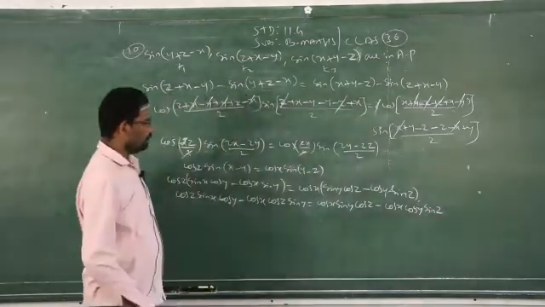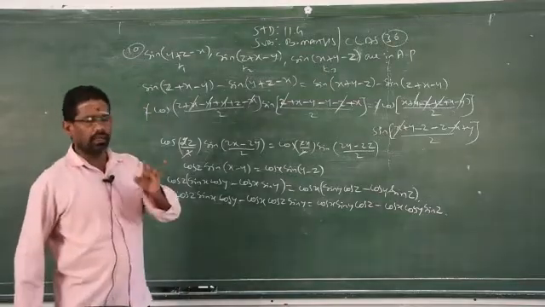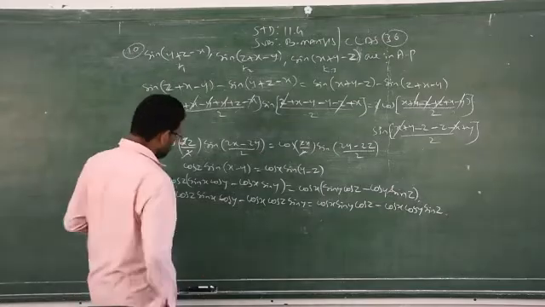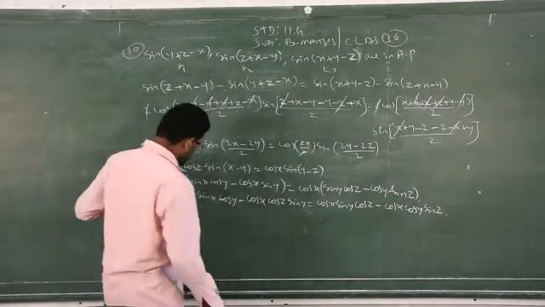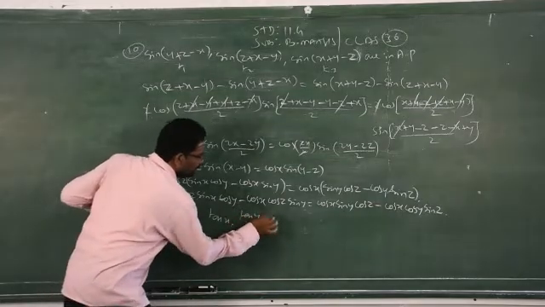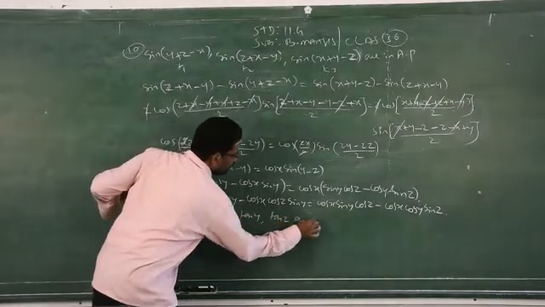But I have to prove that tan x, tan y, tan z are in AP. That is what I have to prove. So to prove that result, you have to prove tan x, tan y, tan z are in AP.